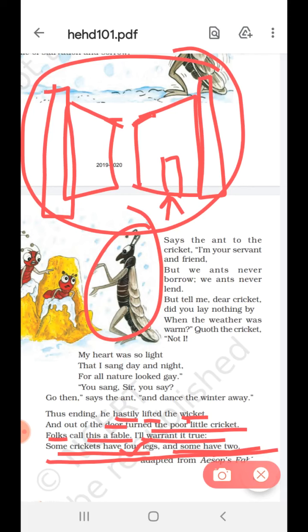That means not all human beings are the same. Some human beings are very wise, they save and think for the future, they are very careful about their future, whereas some people are very reckless and careless, they never think about the future, they think the day would never change for them.